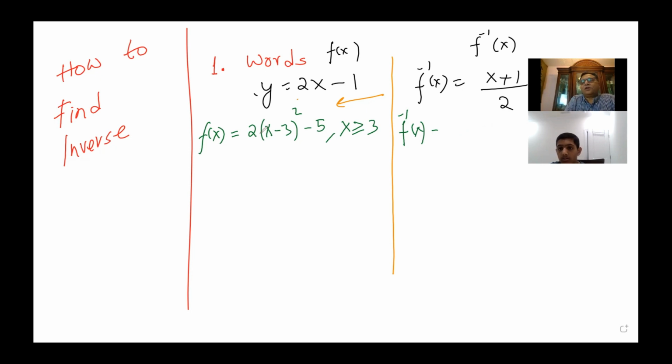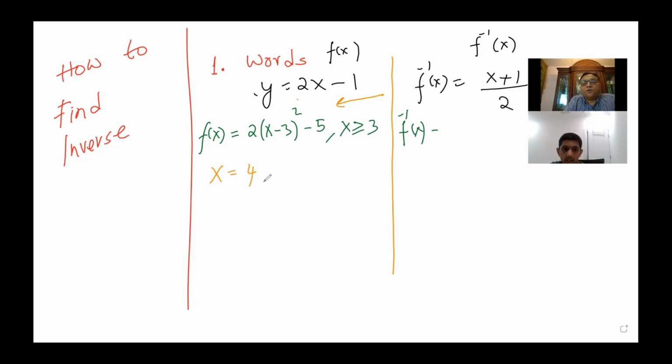If you see, what are the operations being performed? 2 times (x minus 3) whole squared, minus 5. So practically, if I put x equal to, let us say, a value which is easy to calculate, 4. Is it okay? So what will I do?